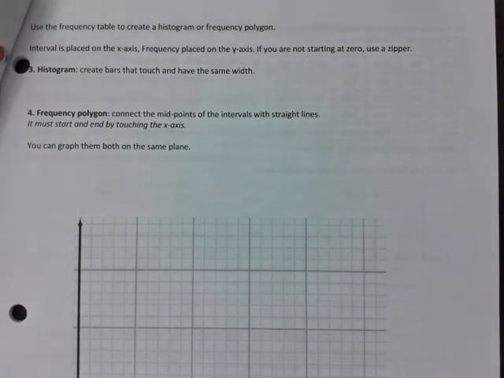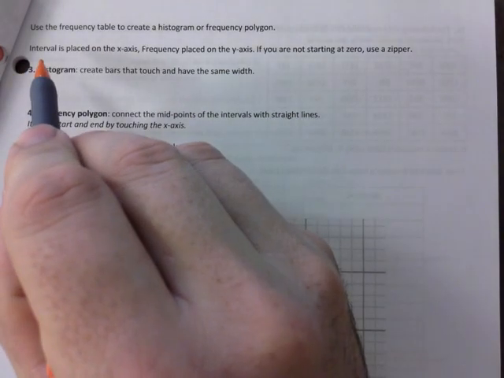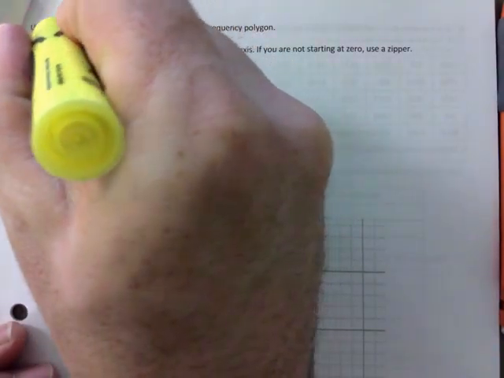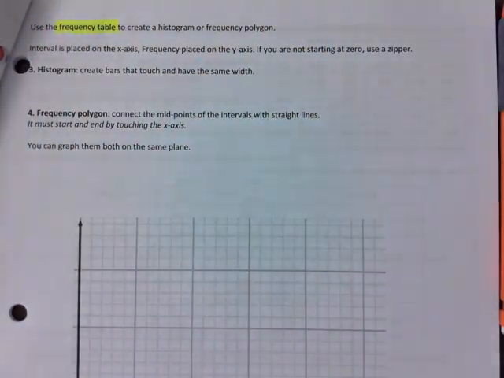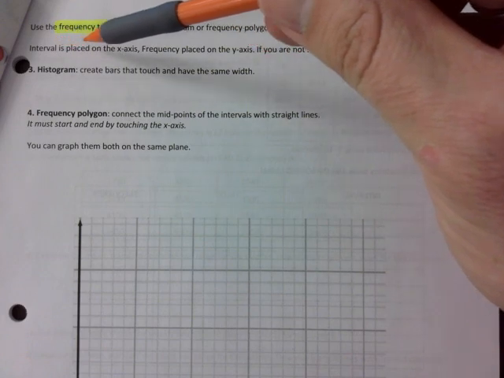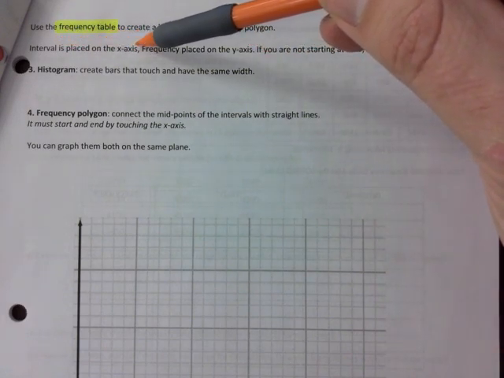Use a frequency table to create a histogram or a frequency polygon. Right? So again, what do we use? We use the frequency table that we've created on the previous page to create a histogram or a frequency polygon. Interval is placed on the x-axis.